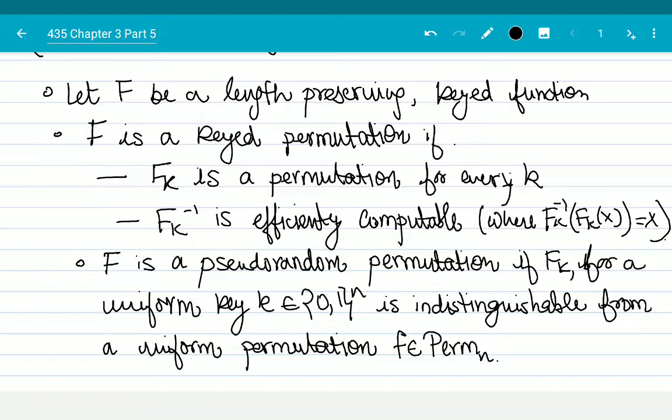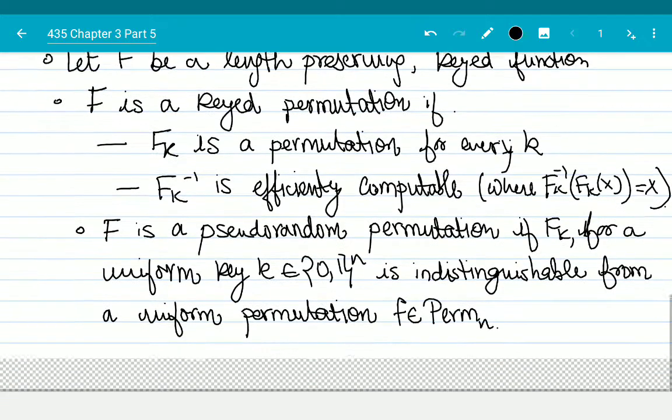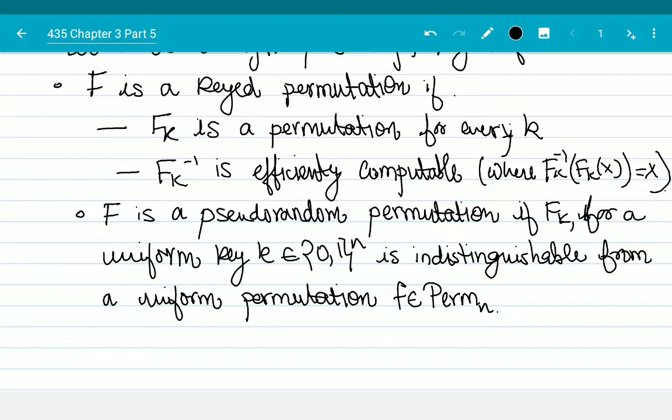Okay, so we don't want to say it is indistinguishable from every other function, but we are saying that it has to be indistinguishable from a uniform permutation. Okay, that's good enough.